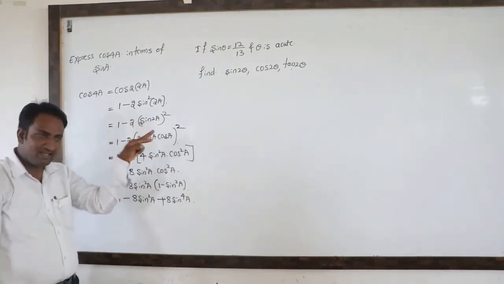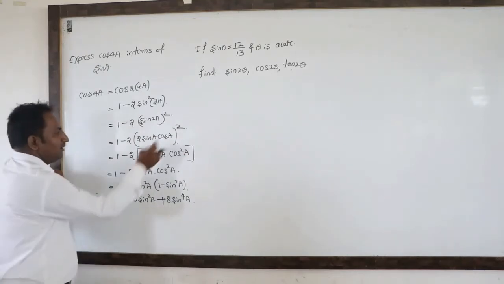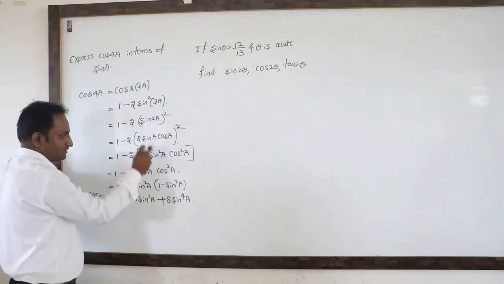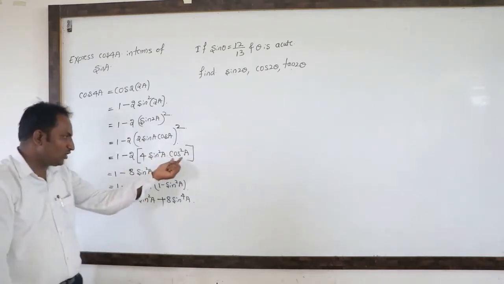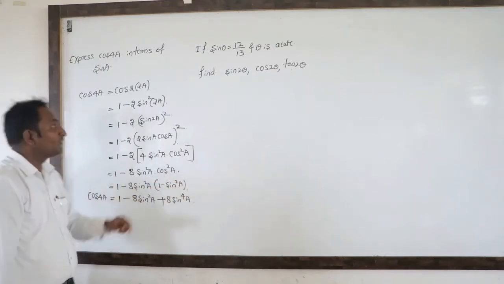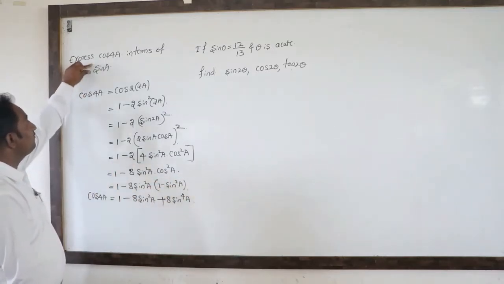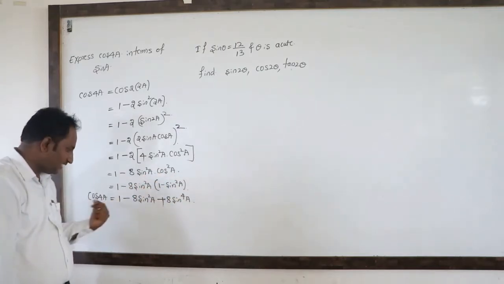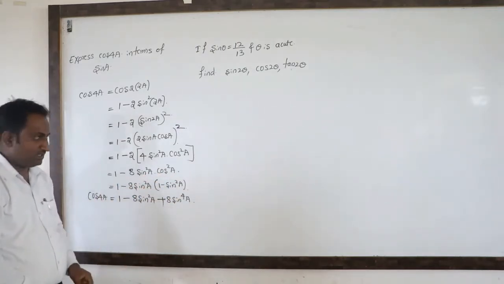Applying the square, we get 4 sin square a cos square a. Cos square can be expressed in terms of 1 minus sin square, because all terms must be expressed in the form of sin. Again multiplying, we get the result.